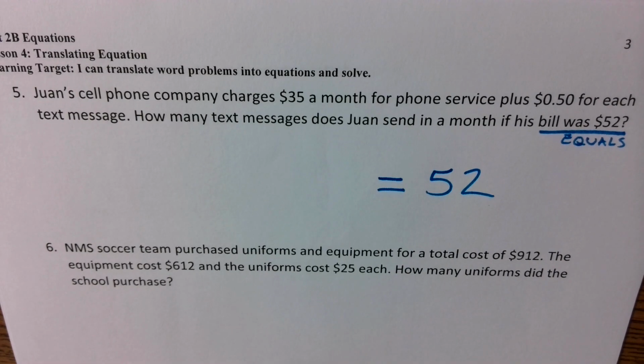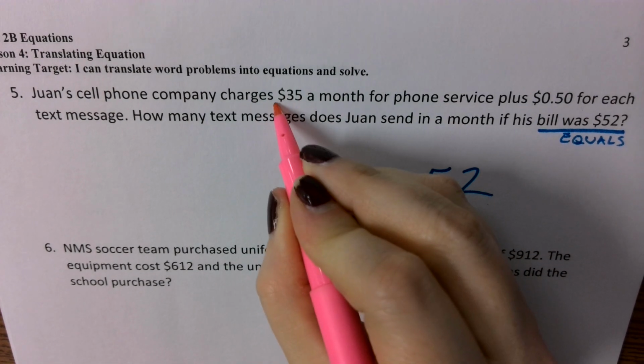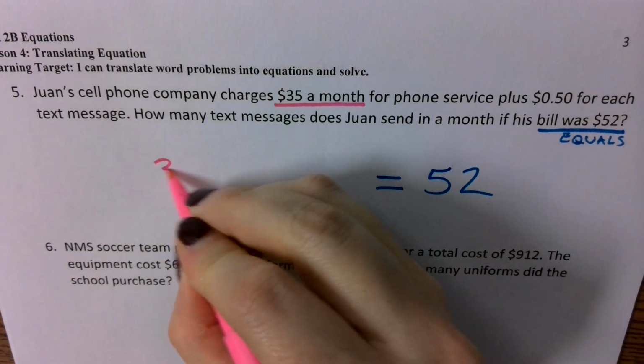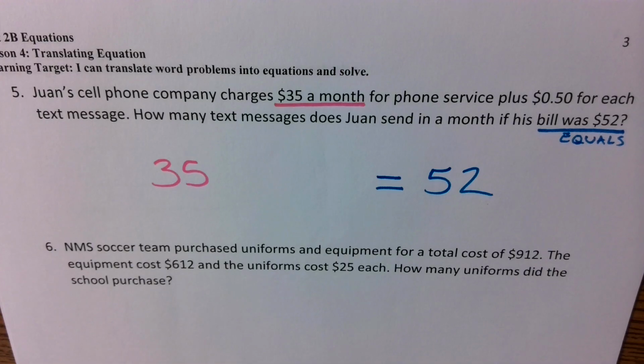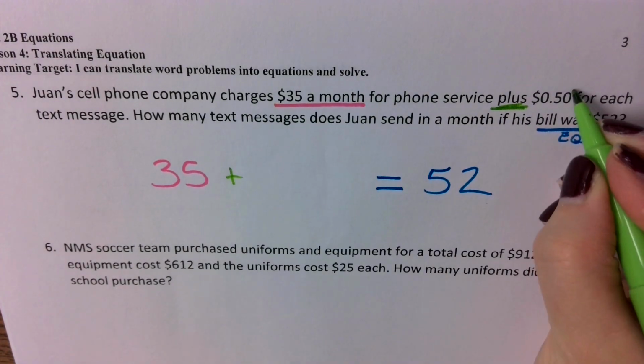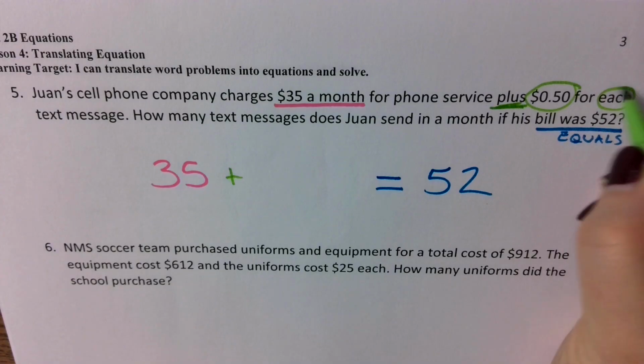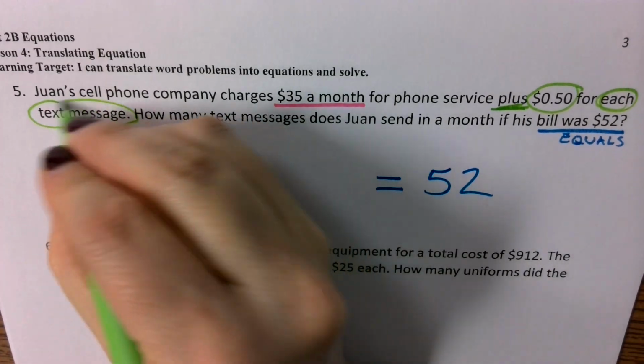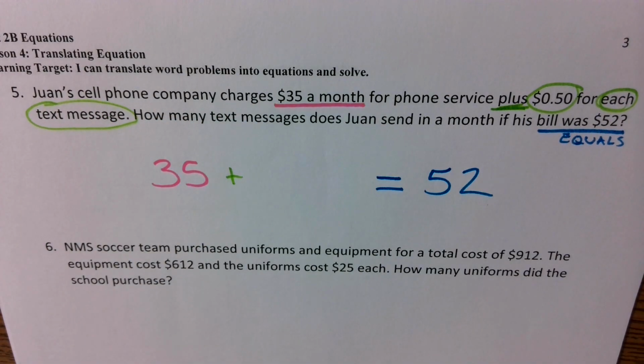Okay, what's our one-time charge for the month? We're going to have it happen once for the month. Addison? 35. For that month, we're only paying $35 one time. And then on top of it, see that says plus, we're going to get 50 cents for each text message.